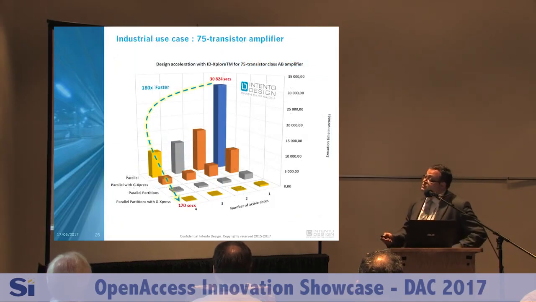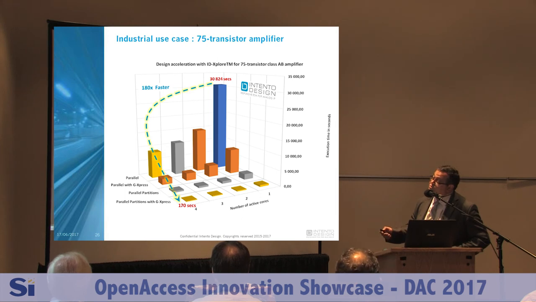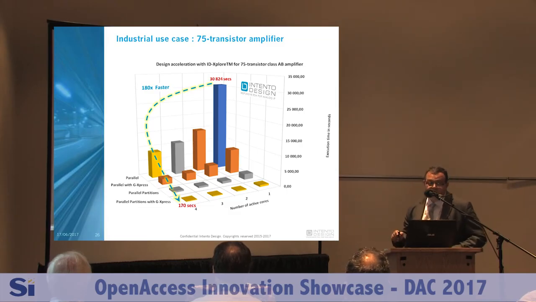So today, this is what we announced at DAC. For this circuit of 75 transistors, with a single-core serial version, we can size it in 30,000 seconds. But with these 3 different categories of technologies, it's like a gear shift, we can speed up. We go from 30,000 to 170 seconds. We get the same optimal solution in all these trials.